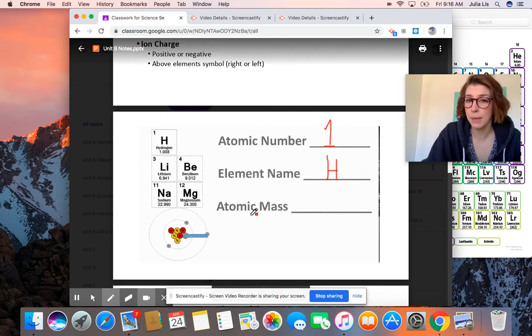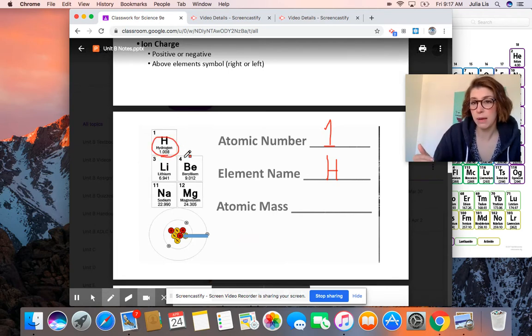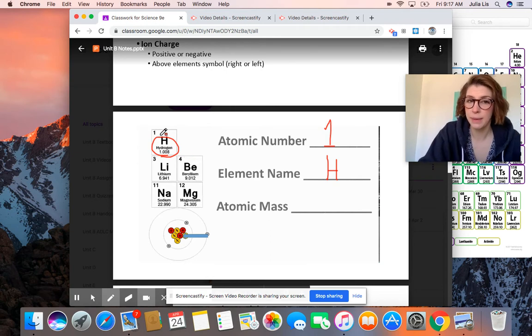And then the atomic mass. So the atomic mass is actually found below the symbol and below the name. And typically it's a decimal. So it's not going to be a whole number like the atomic number, but it's typically a decimal. Some periodic tables will give you a decimal to 2 places or 3 places.